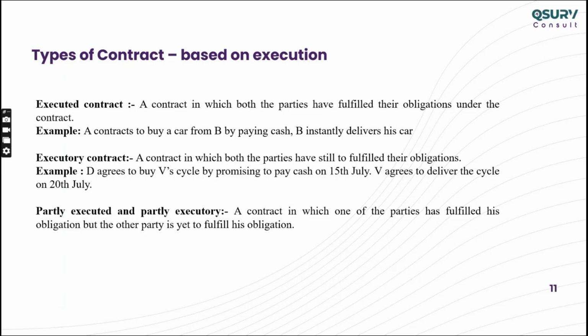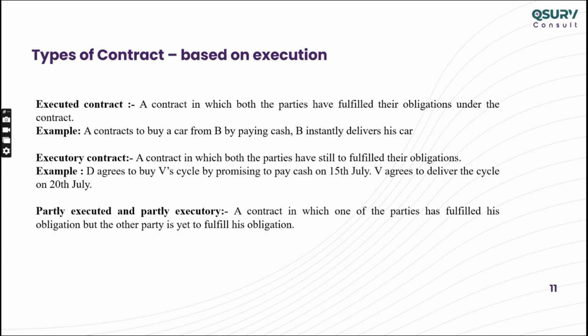Executory contract is a contract in which both the parties still have to fulfill the obligation. That means the contractor enters into a contract to construct a boundary wall or a swimming pool. He is in the middle of the work, and at the same time the client is yet to pay some money.